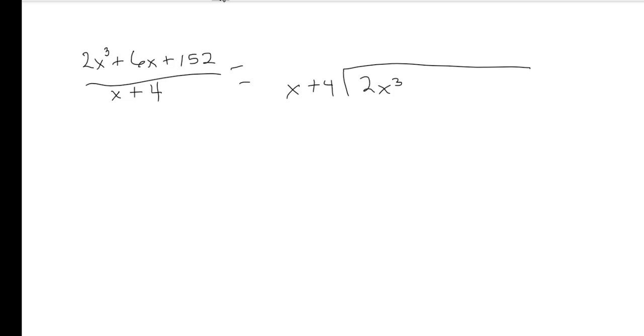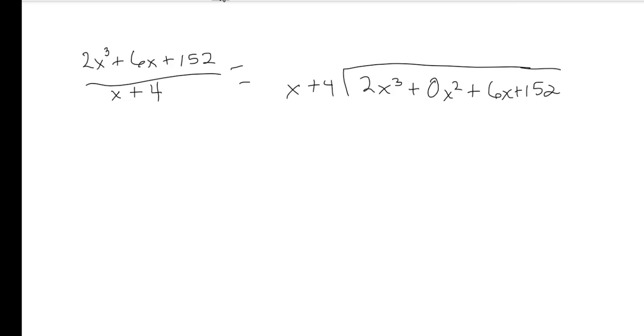Okay, so we're going to put in a 0x to the second power so that they are in descending exponential order. I should make that clear. The exponents need to be in descending order. So 0x to the second power, and then continue to write the rest, which is plus 6x plus 152.